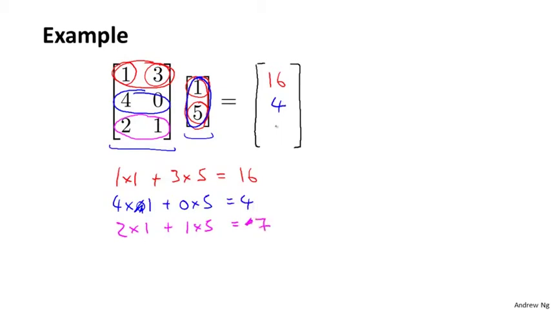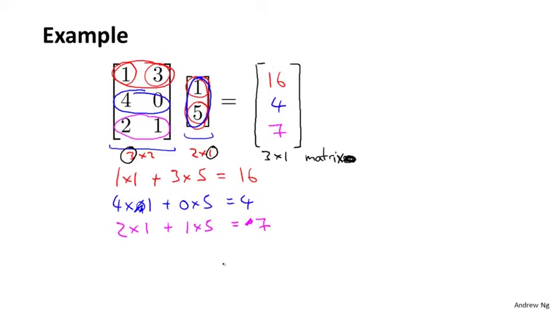And so I get a 7 over there. Okay? And it turns out that the result of multiplying a 3 by 2 matrix by a 2 by 1 matrix, which is also just a 2-dimensional vector, is going to be a 3 by 1 matrix. In other words, a 3 by 1 matrix is just a 3-dimensional vector.